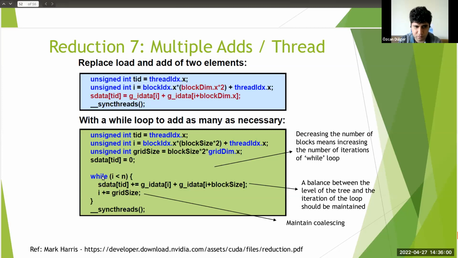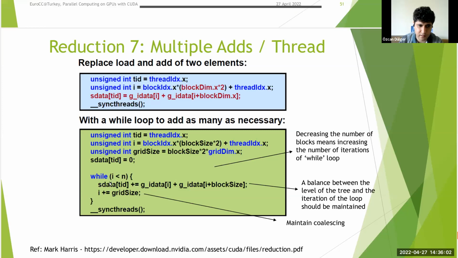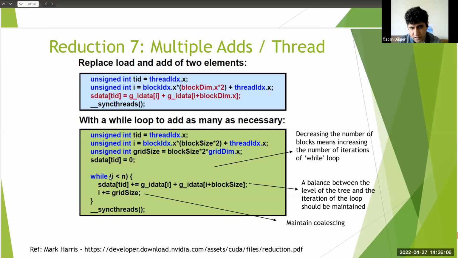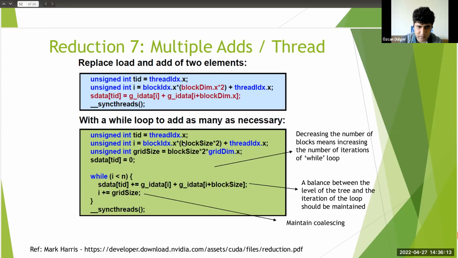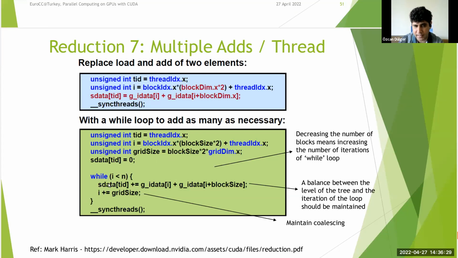If you want to increase the number of iterations of the while loop, we need to decrease the number of threads in a block. If we decrease the number of threads in a block, the number of iterations in the while loop increases. So the sequential part increases, and the level of tree also decreases.